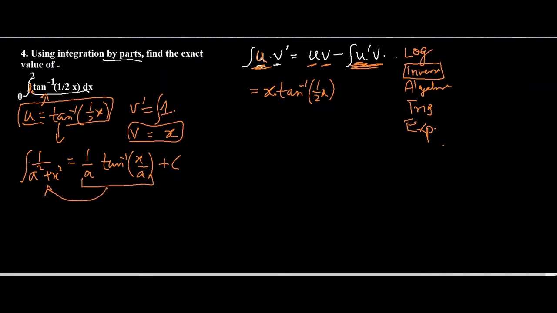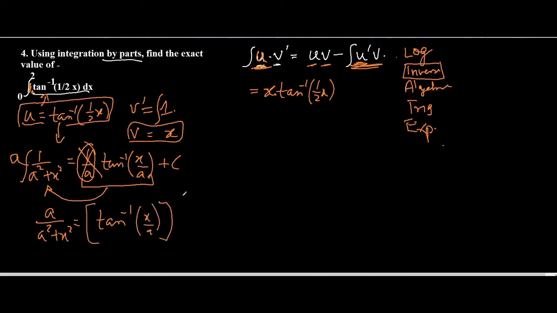But in our question, there is no 1 over a. So what will we do? We'll write a here and we'll get rid of this, right? So it will be a over a square plus x square equal to tan inverse x over a's differentiation. And that's what we want.